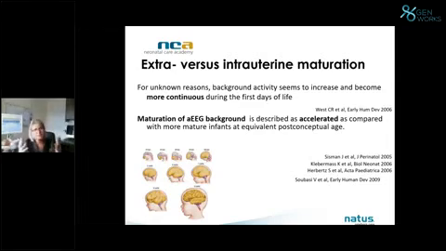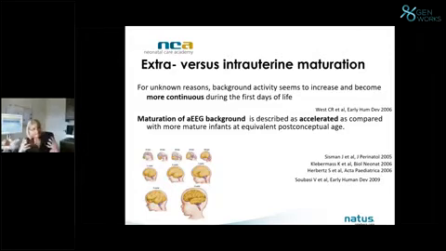And what we see from looking at serial AEEGs of preterm babies at different gestations through their course is that the background activity seems to increase, and it becomes more continuous very quickly during the first days of life.